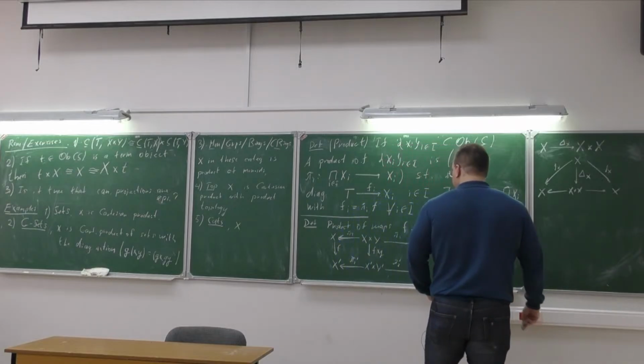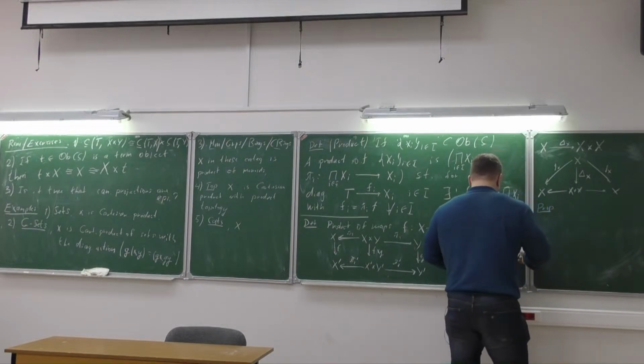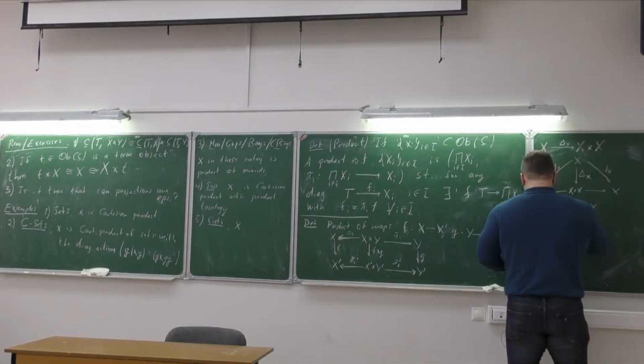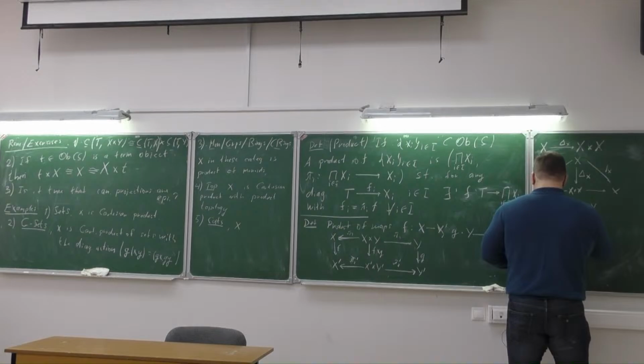And those things are related. So there is a proposition. Suppose I have a map F from X to Y, and as before, a map G from X to Y prime. I think I changed my notation a little bit.